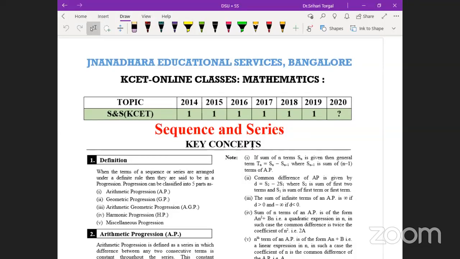How much are you expecting from the sequence and series? One question, right? Every year we have one question here. Now we'll start with the sequence and series.